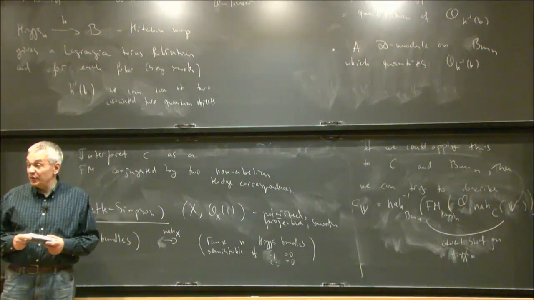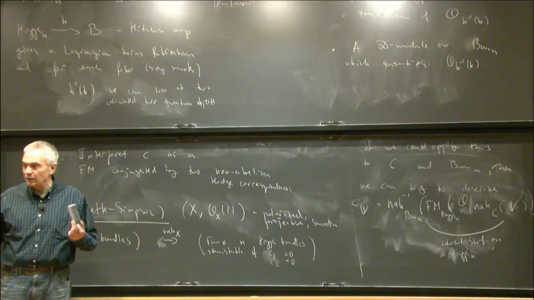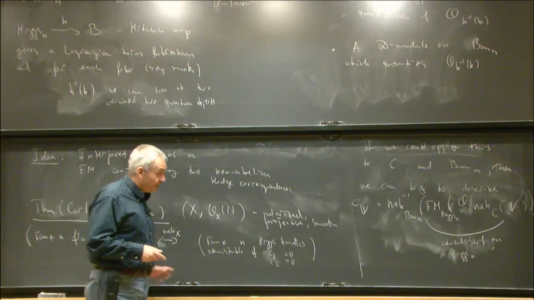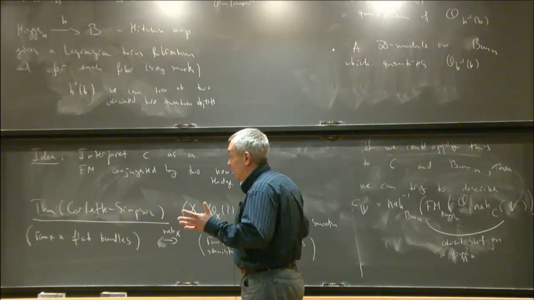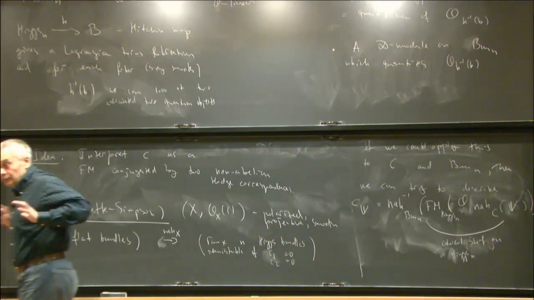Yeah, it's going to be a local system, but it's going to be a D-module that's generically smooth, but it's going to be a local system that has poles. And in fact, both irregular and regular singularities appear in the picture, but in the example, luckily, everything will be regular.